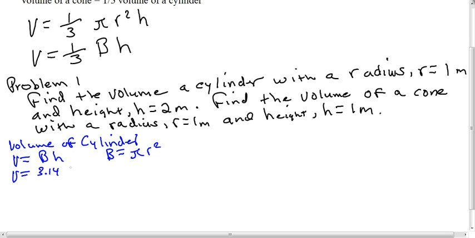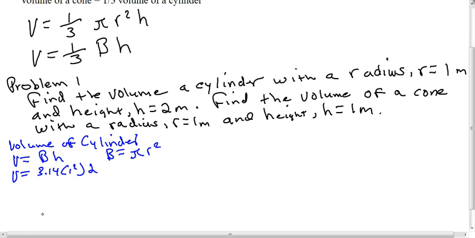It has a radius of 1, so that's times 1 squared, and that's 1 square meter, times the height of 2.